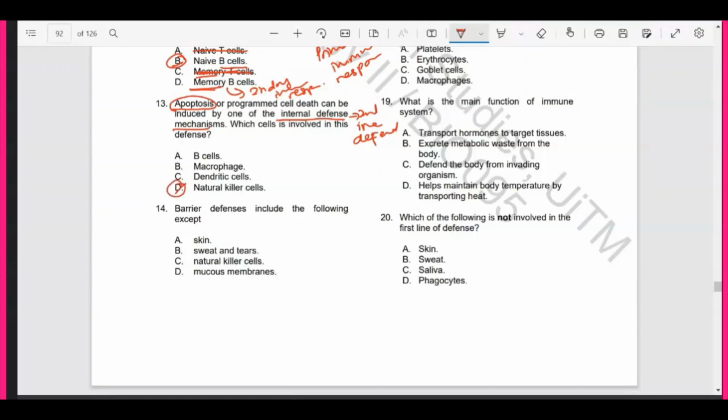Tapi kalau soalan ni instead of dia cakap internal defense, dia tukar kepada acquired immunity. So kalau dia letak natural killer cell dan lagi satu dia letak cytotoxic T cell. So the answer would be cytotoxic T cell. Tak boleh natural killer cell. Natural killer cell dalam second line ataupun internal defense. Kalau cytotoxic T cell juga melibatkan apoptosis tapi dia adalah third line. Faham?